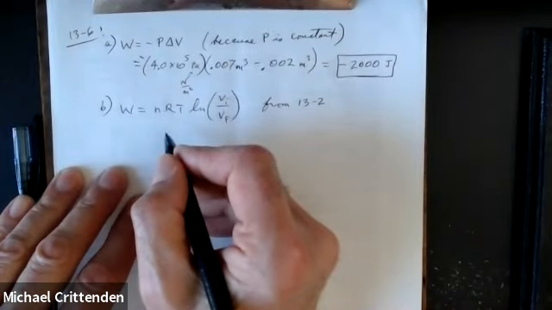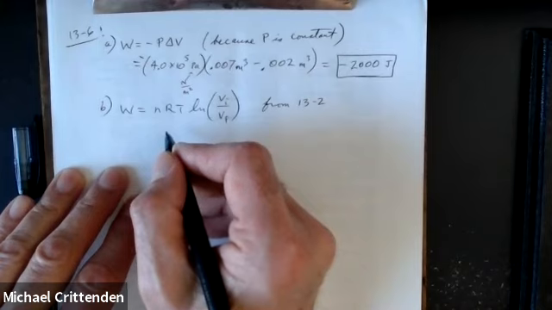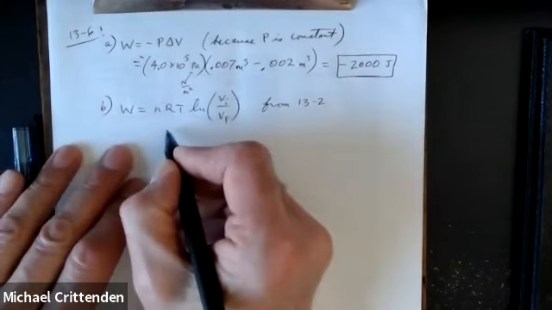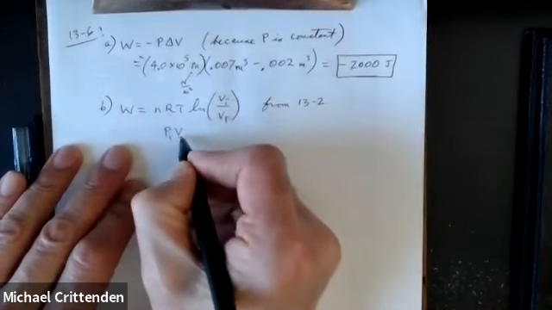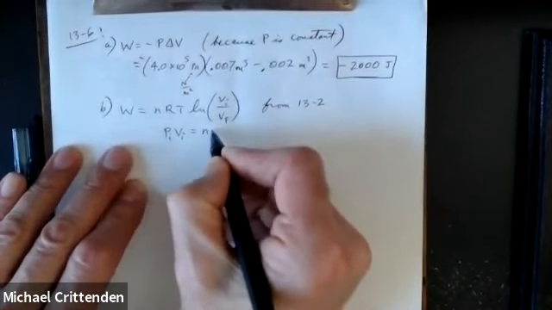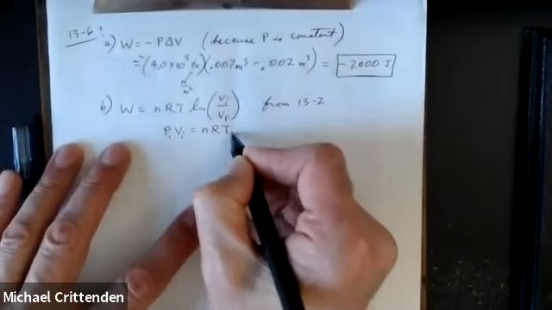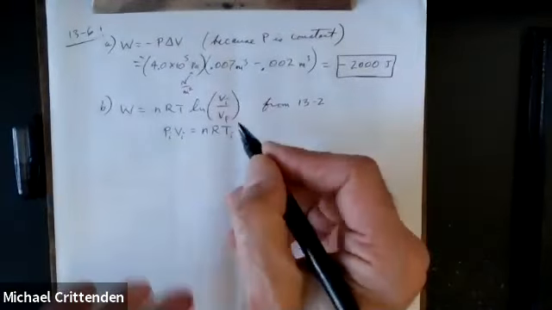It's the initial pressure that the question gave me. So let's consider the initial conditions. P initial, V initial equals nR times T initial.